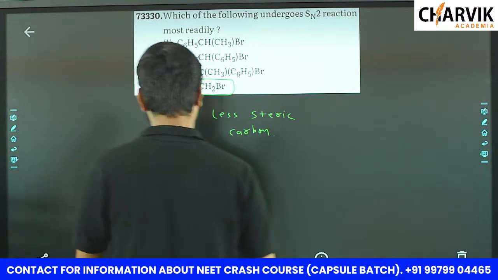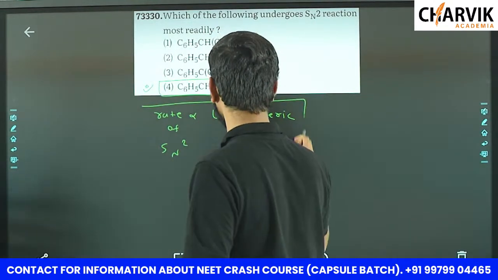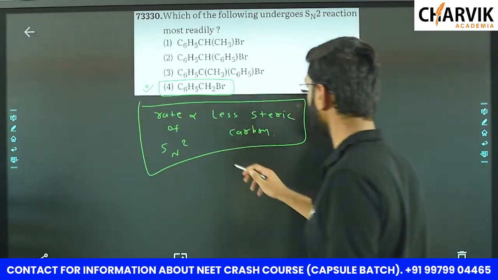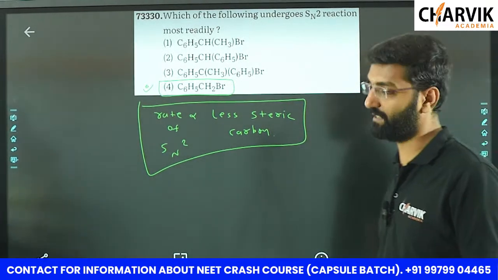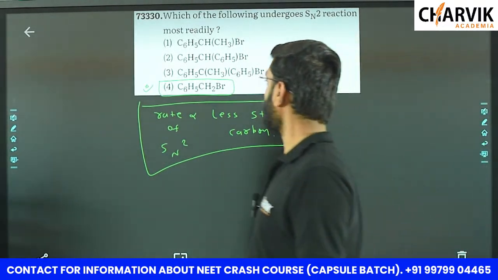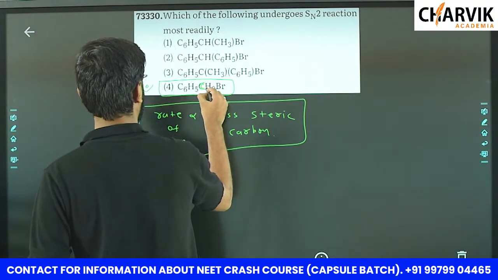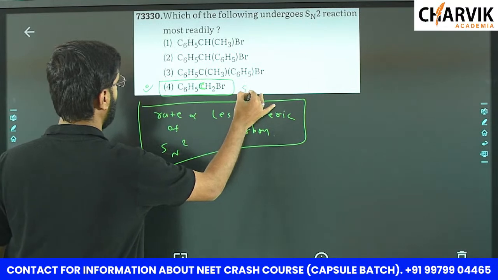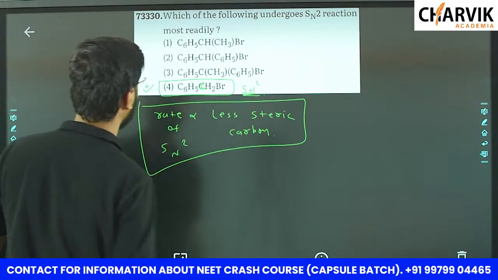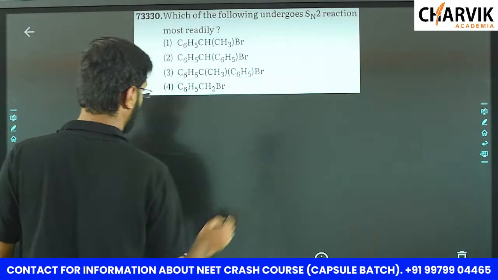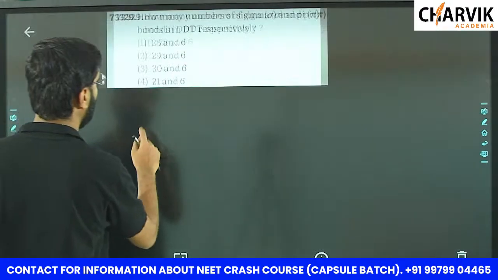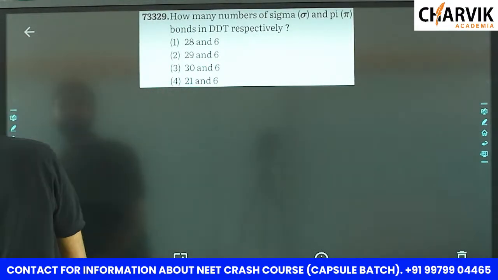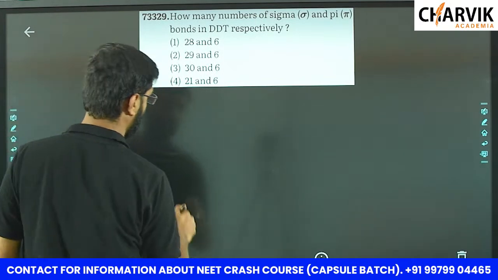I am again repeating, rate of SN2 reaction is directly proportional to less steric carbon, right? So in the fourth case, this carbon is the least steric, so SN2 becomes faster in the fourth option, right? Due to a technical issue, we are repeating the previous question.